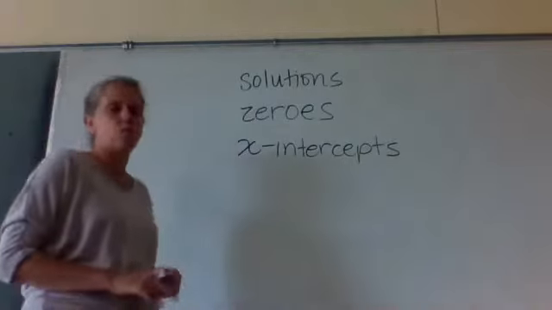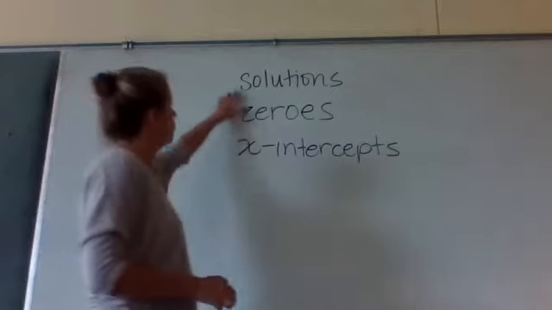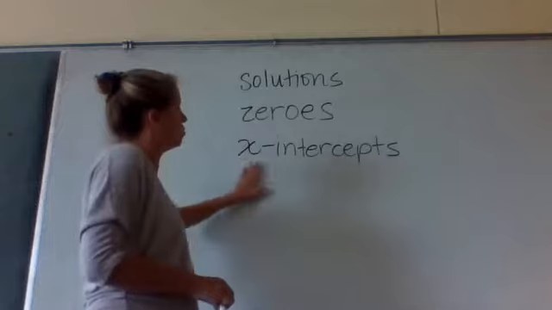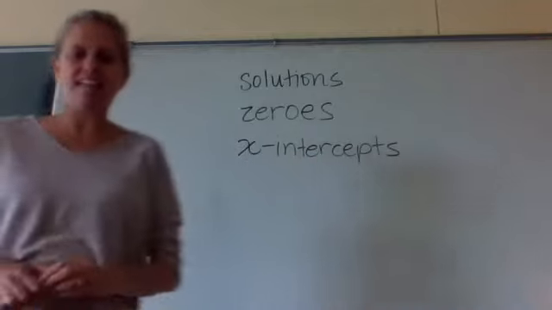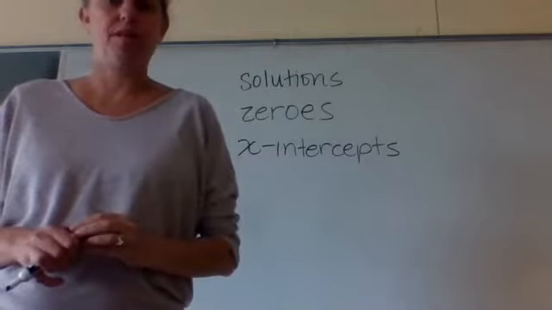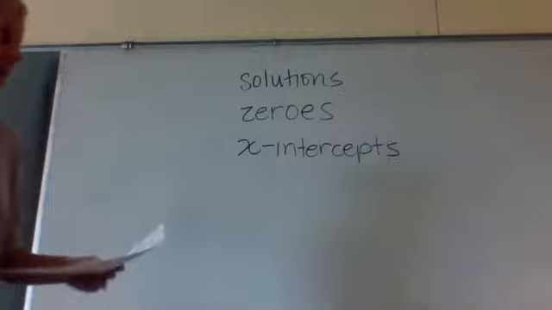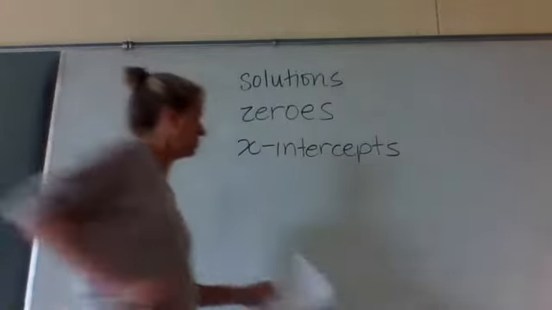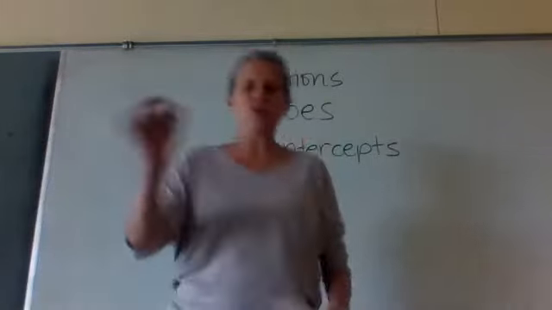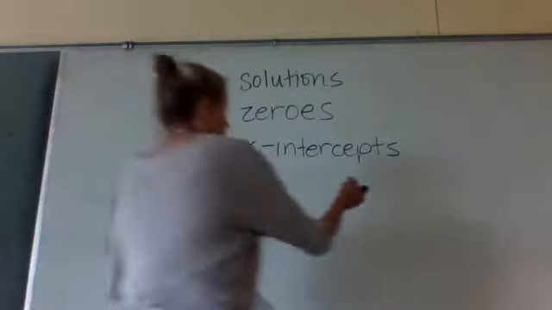Now we're going to see what that looks like on the graph. These two words can also be referred to as the x-intercepts of the parabola. So when we are looking at number 1, I'm going to solve it first using the quad program to show you how these things are interchangeable.